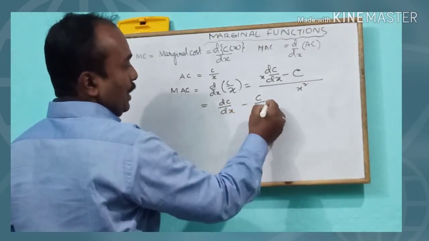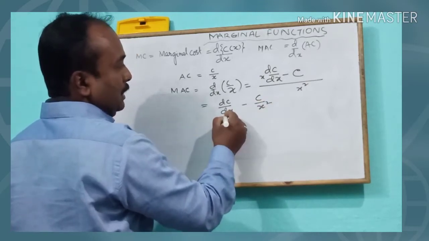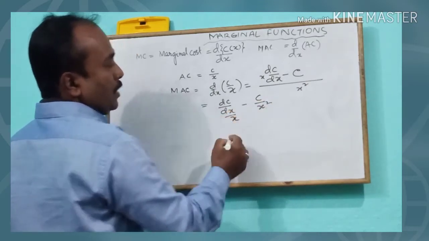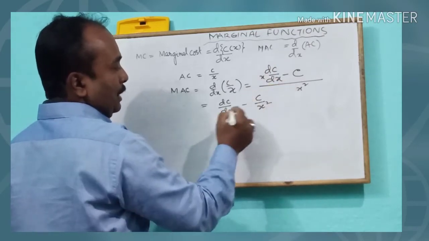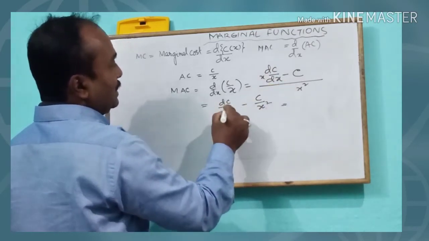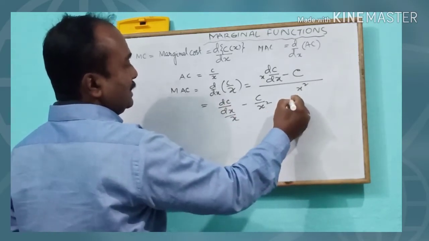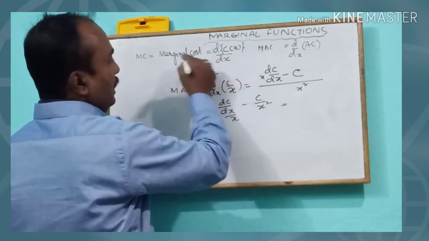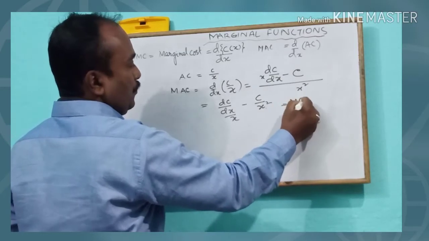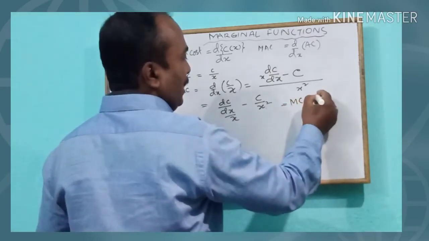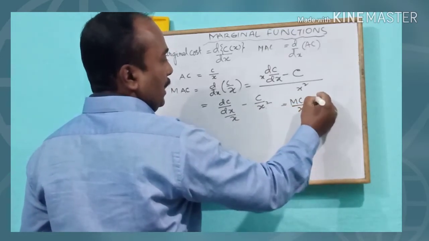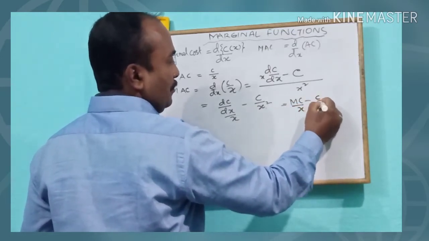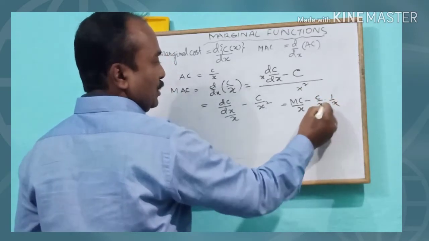C by X square, and this is by X, because by X square X will cancel, 1 by X will remain. So dC by dx is MC, marginal cost, minus C by X, this is by X, minus C by X into 1 by X. X square was there.